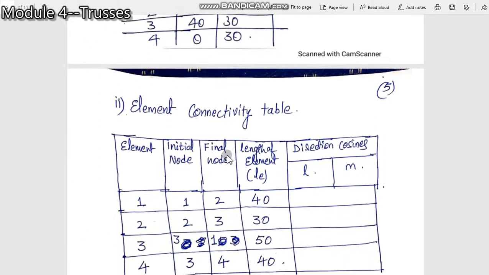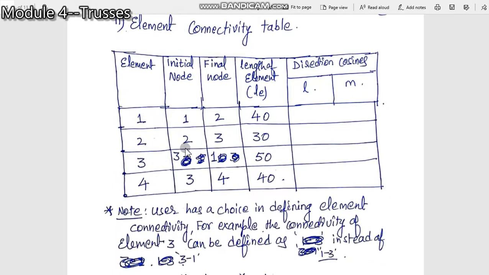Keeping that in mind, all other elements are defined, that is, which is the initial node and the final node. For example, for element 3, it is defined as 3 to 1. You can also define it as 1 to 3.